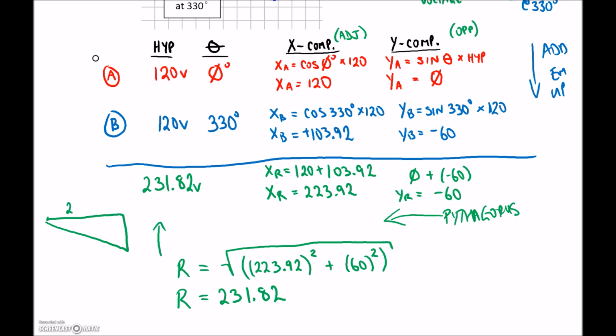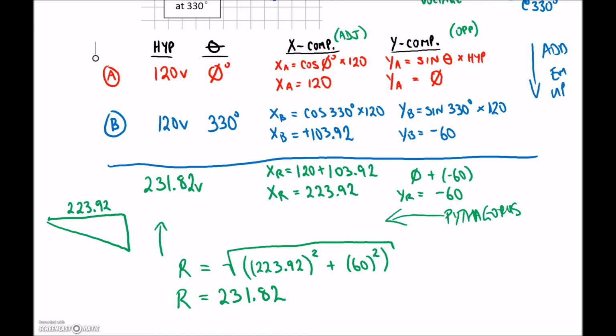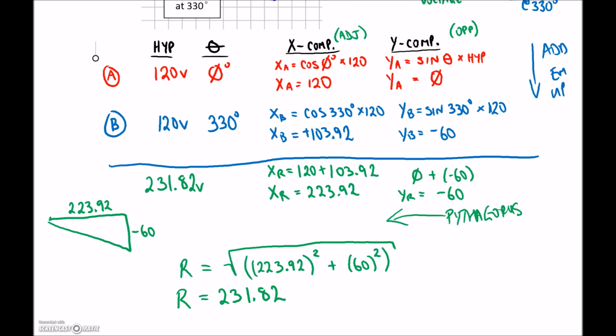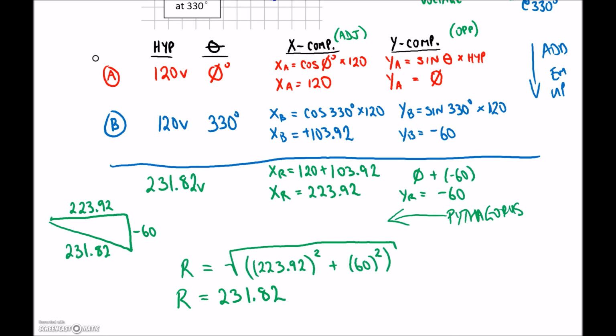So this value right here on the x-axis is 223.92. Then on our y-axis here, we've got negative 60. And for the resultant, we found 231.82. Okay, so the last thing we need to do is we need to find this angle right here.